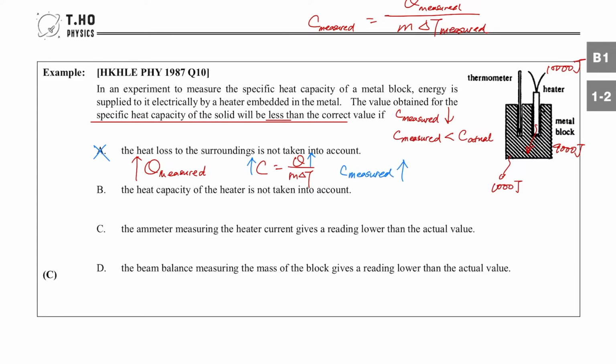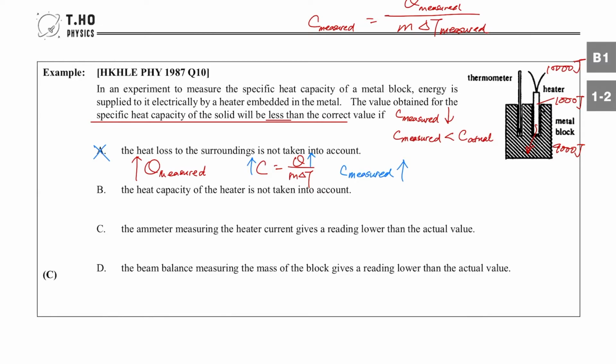Secondly, the heat capacity of a heater is not taken into account. So what does that mean? That means the heater would also absorb energy. Like if the power supply supplied 10,000 joule of energy, now 9,000 joule goes into the metal block, but there is still 1,000 joule left in the heater. Now this is similar to what we have discussed.